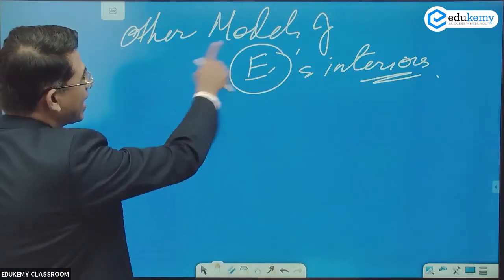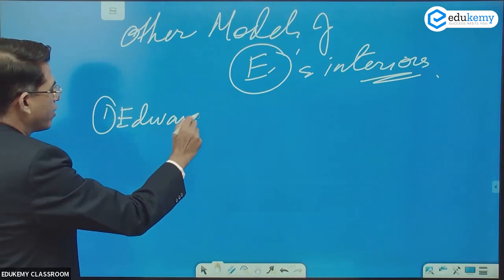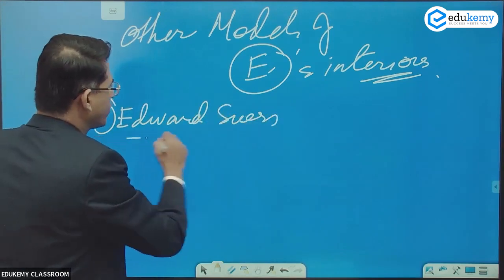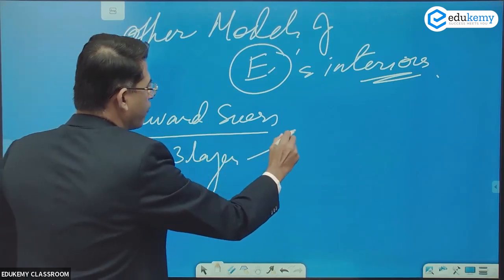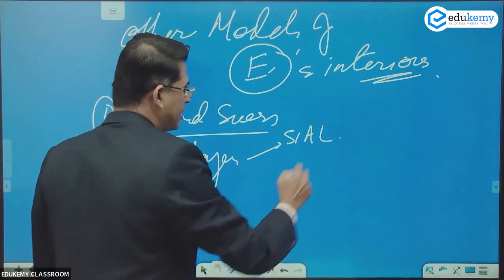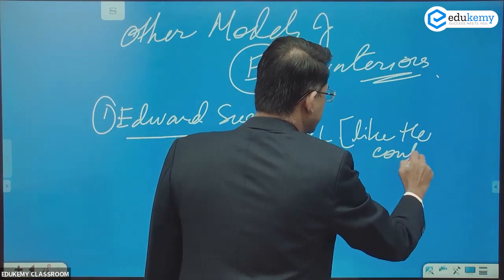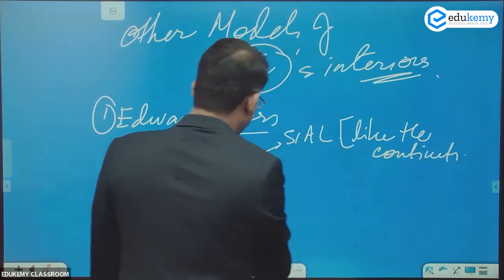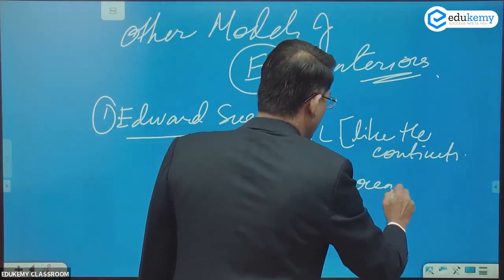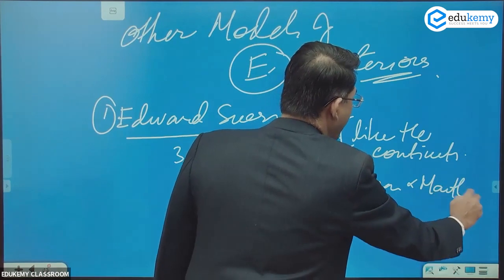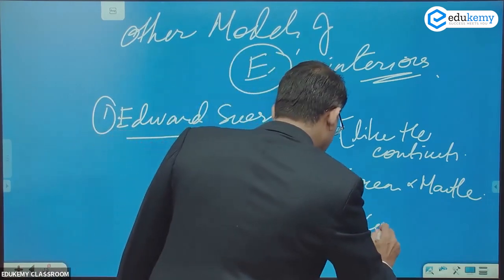So among the other models, one is the Edward Suess model. He said that there are 3 layers. We have the Sial layer, which is like the continents. The Sima layer, the oceans and the mantle. And he talked about Nife, the core.